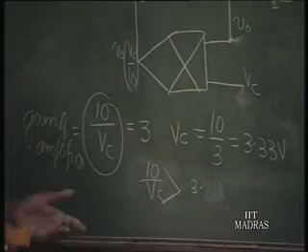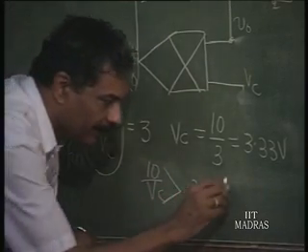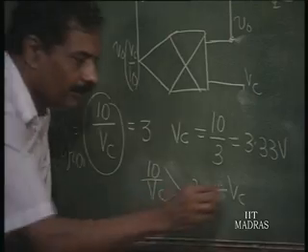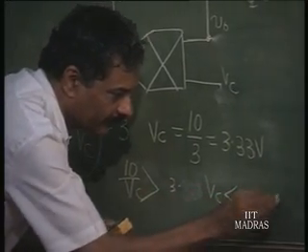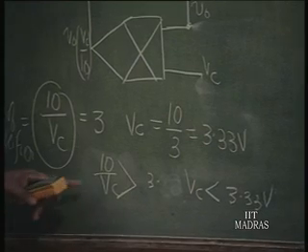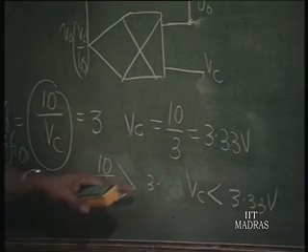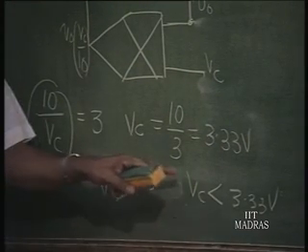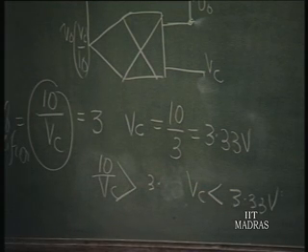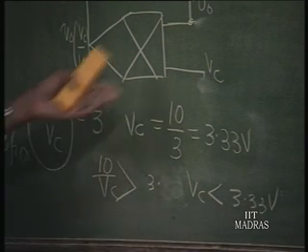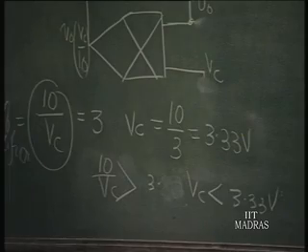Let us say, therefore, Vc should be less than 3.33 volts. Gain should be greater than 3, and therefore, Vc should be less than 3.33 volts. So, let us say it should start at 3 volts or so.